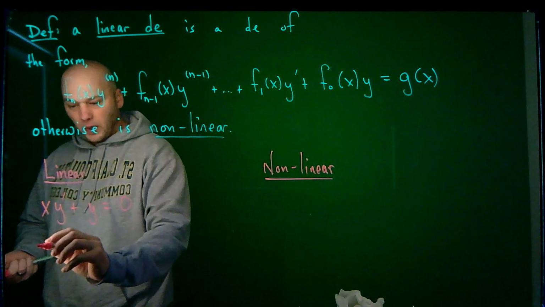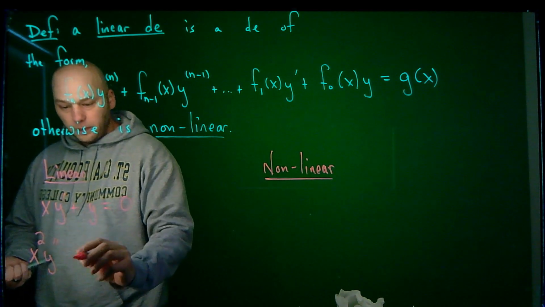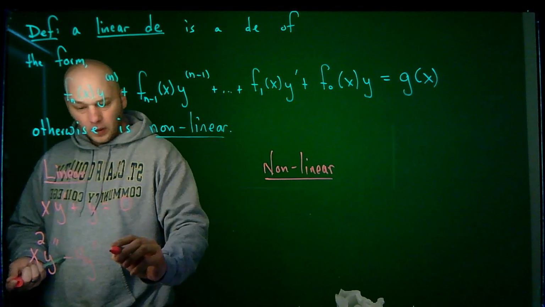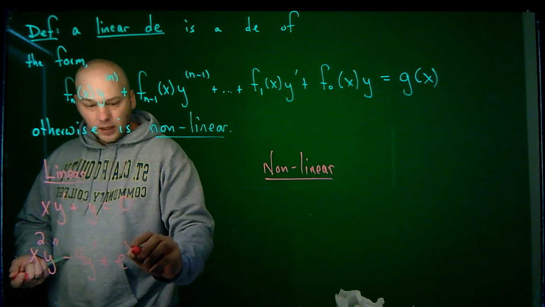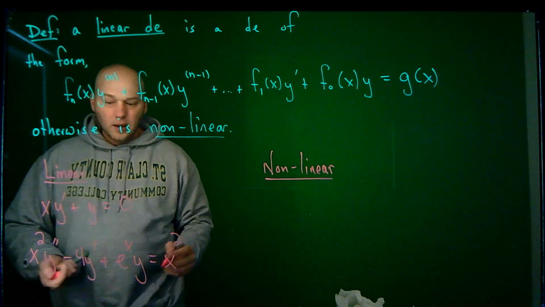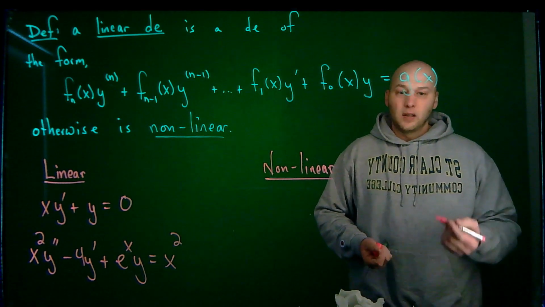Here's another one. X squared, y double prime, minus 4y prime plus e to the x y is equal to x squared. This is another example of a linear differential equation.